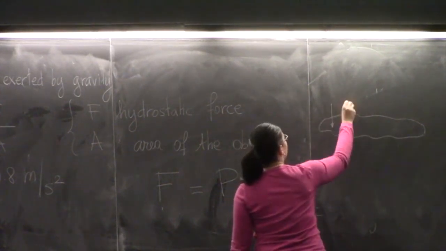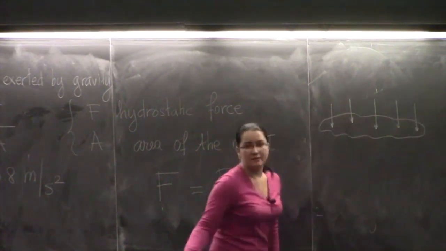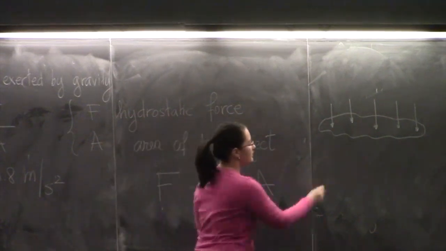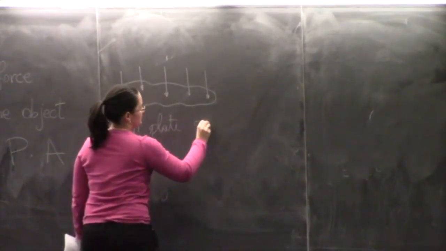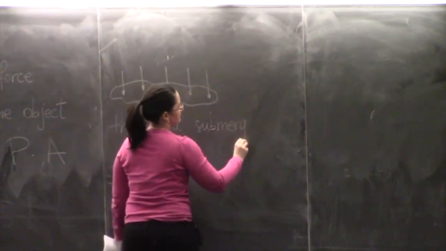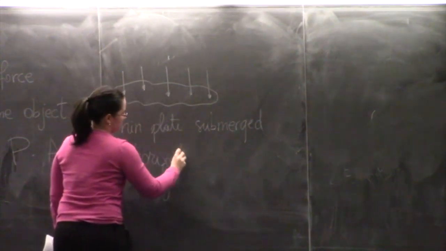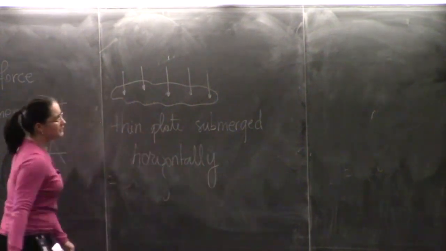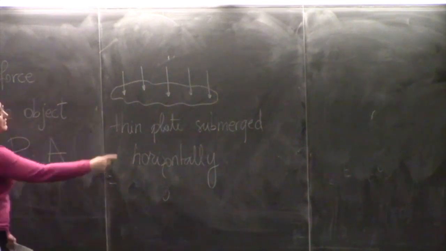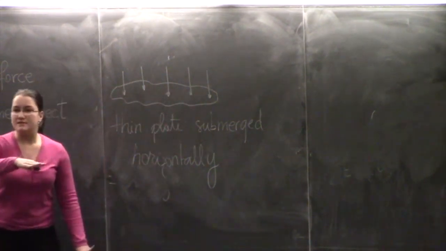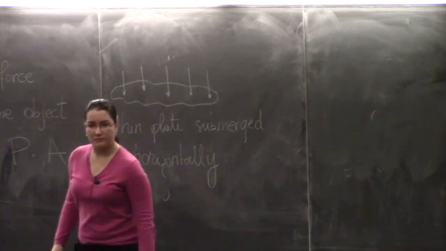Every point is going to experience the same pressure or the same force coming from the water on top. The formula works because every point on the plate is submerged at the same depth, so it has the same pressure from the water on top.